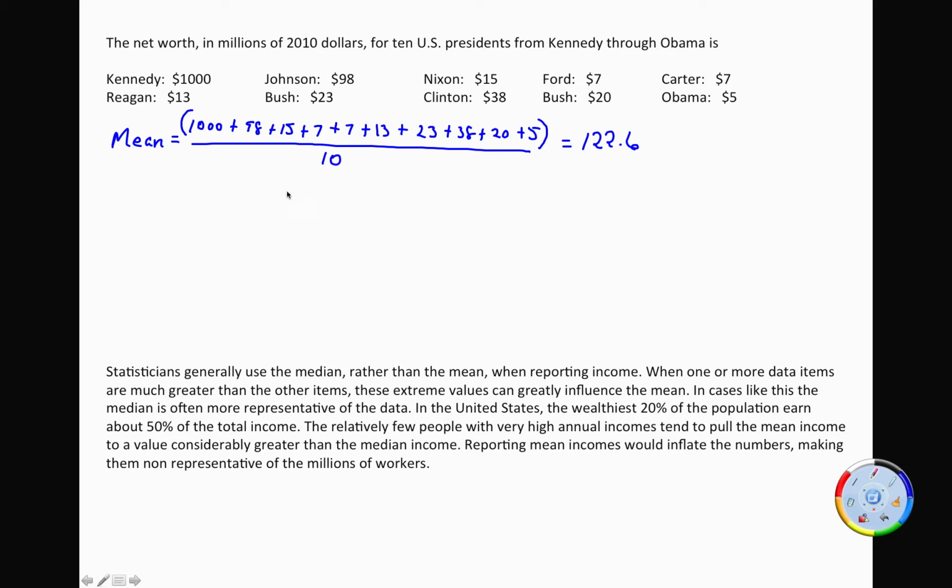Let's find the median. To find the median, I've got to put this data in order. So 5, okay, I might want to keep up with it just to make sure. 7, 7, 13, 15, 20, 23, 38, 98, and 1,000.